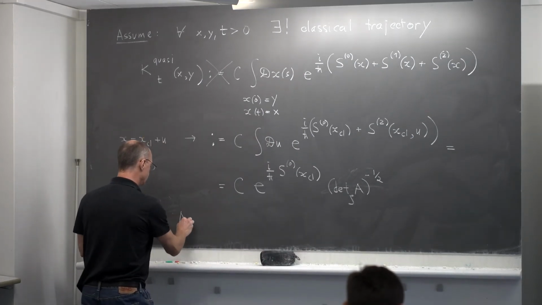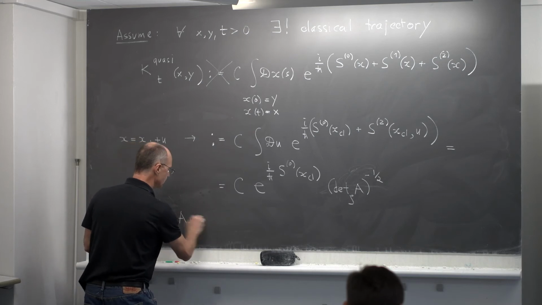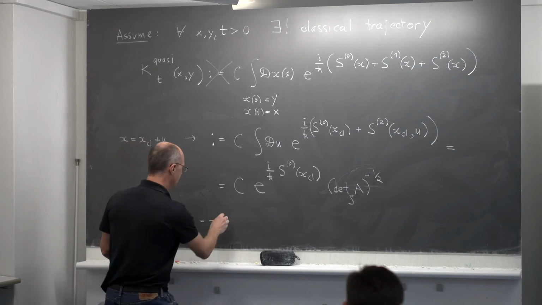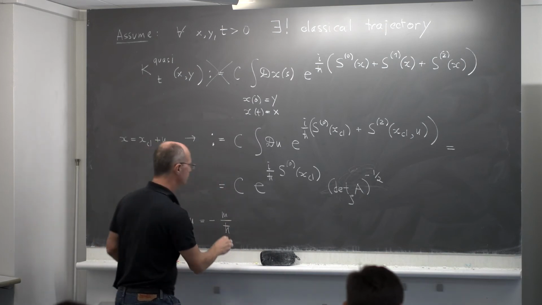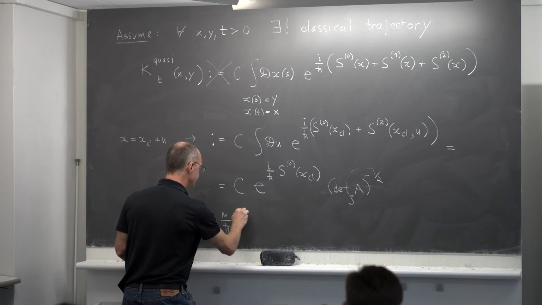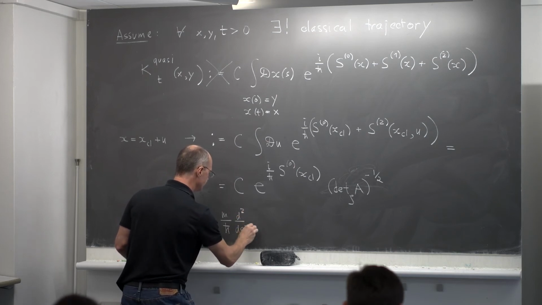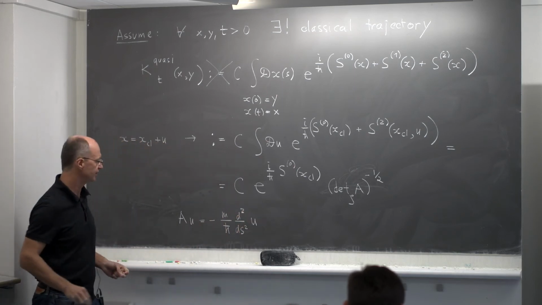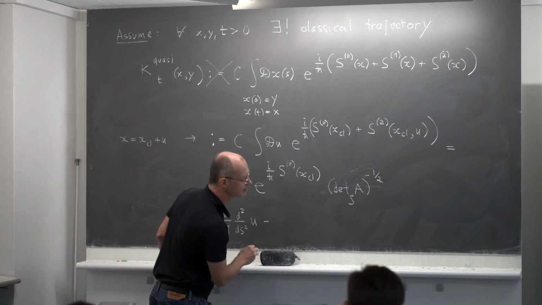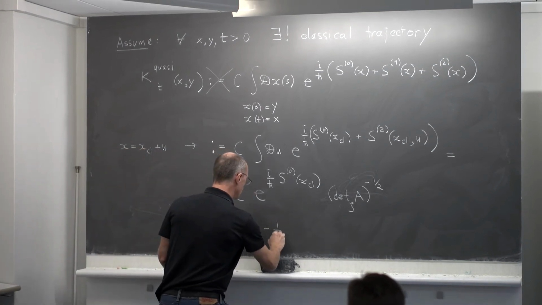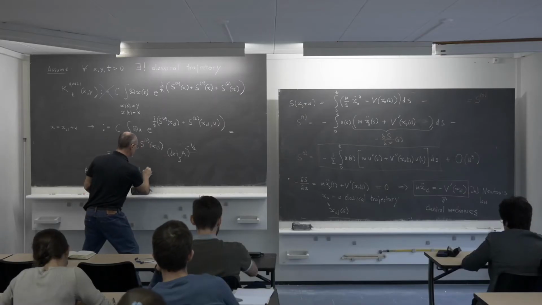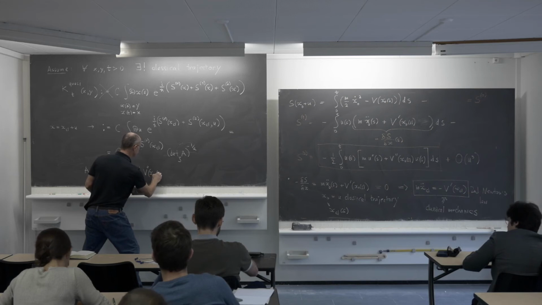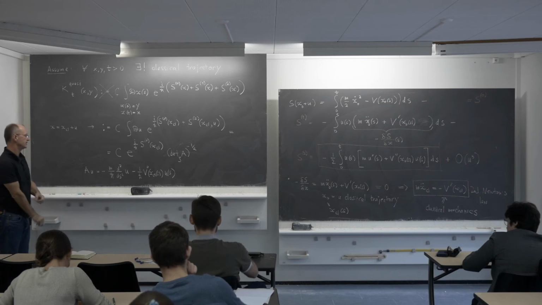So A of u is equal to minus m over h bar d2 over ds squared u minus 1 over h bar V double prime of x classical of s u of s.